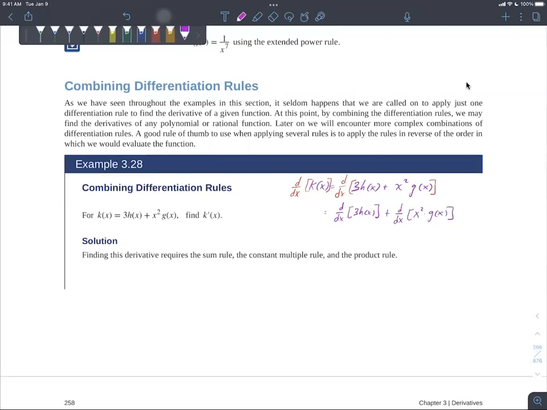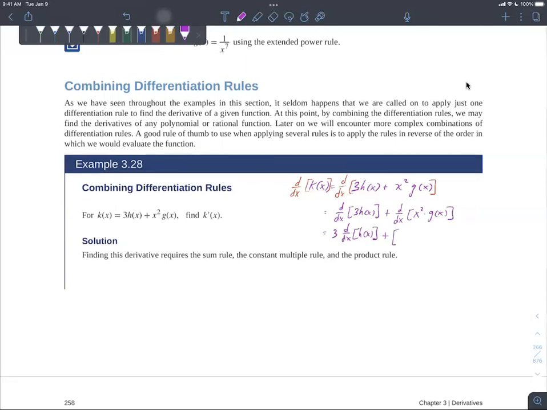Well, the first derivative is nice and easy because you can just factor out the 3 and apply d/dx to h of x. But when we take the derivative of the product, this is going to be a little more complicated. We're going to need the product rule.